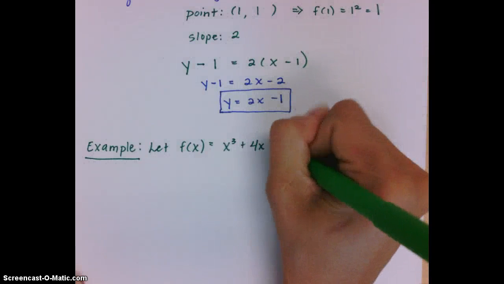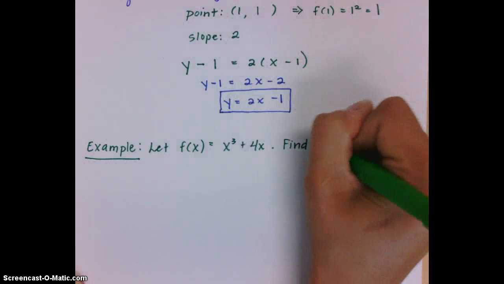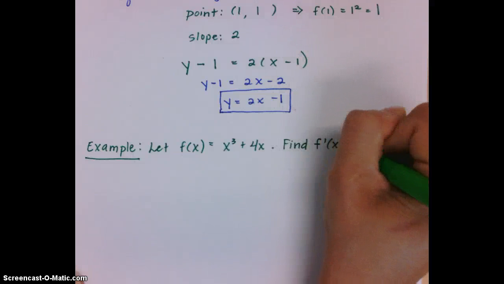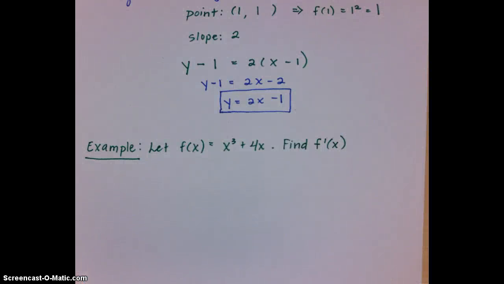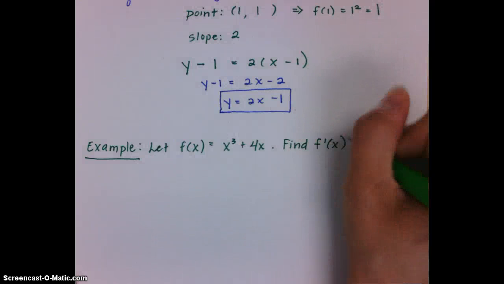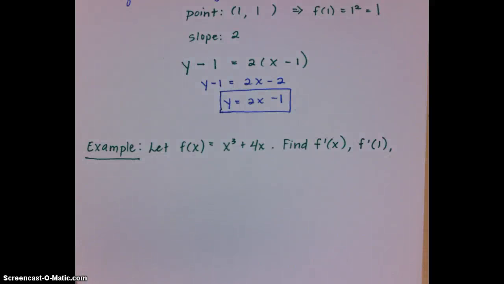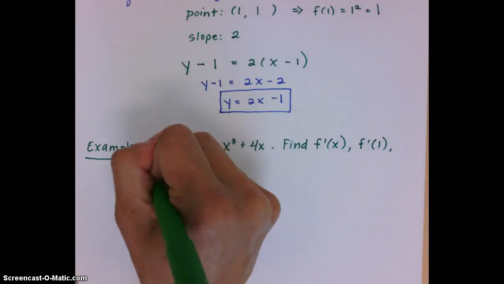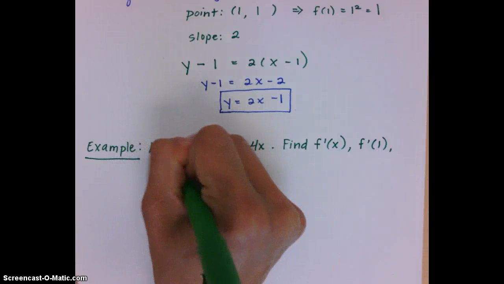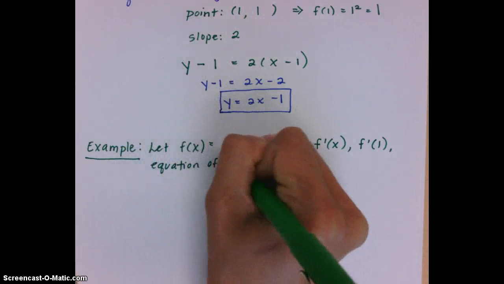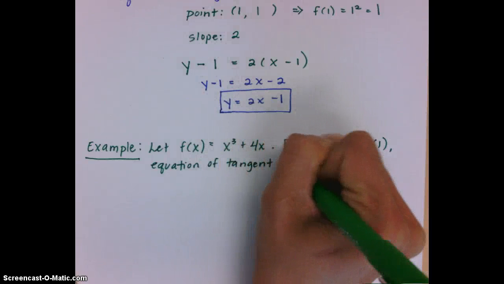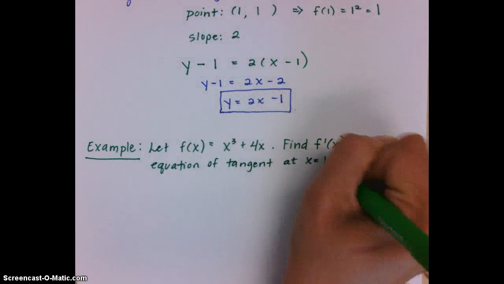And then let's find 3 things. Let's find f prime of x. So first of all, the overall derivative at any point x on that graph. And then let's find f prime of 1. So let's find the slope of the tangent line specifically at the value 1. And then let's find the equation of the tangent line at that same point, x equals 1.